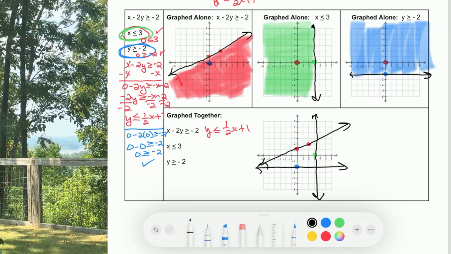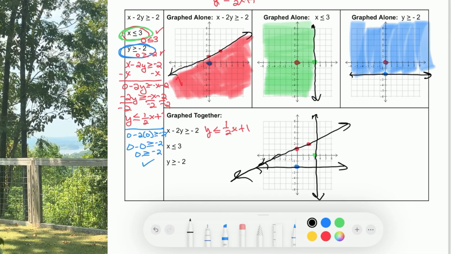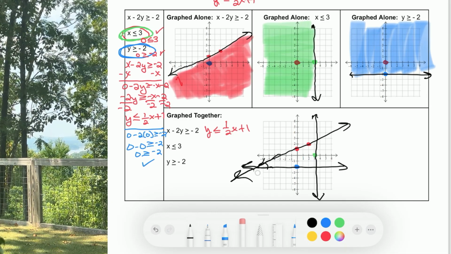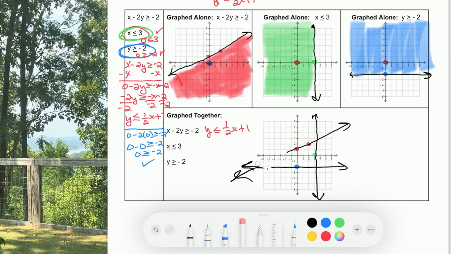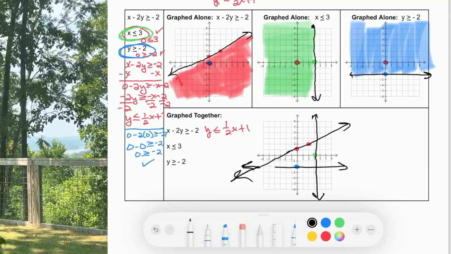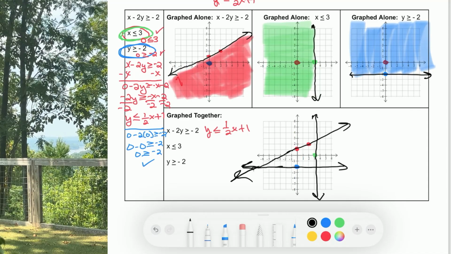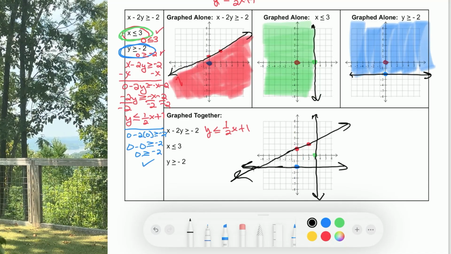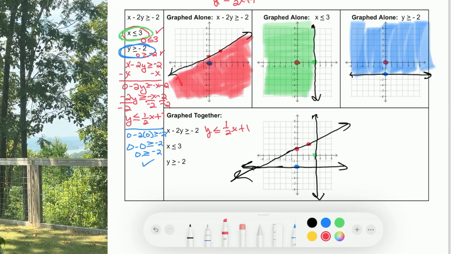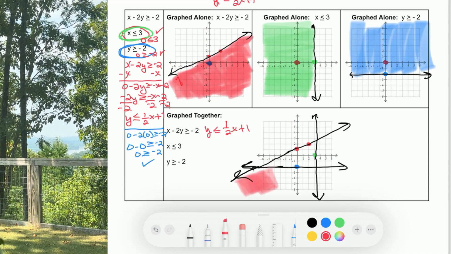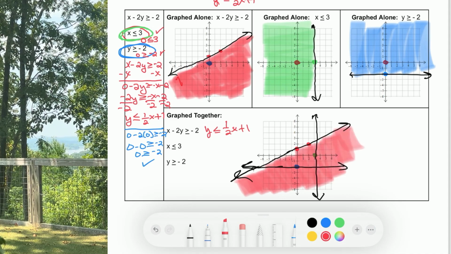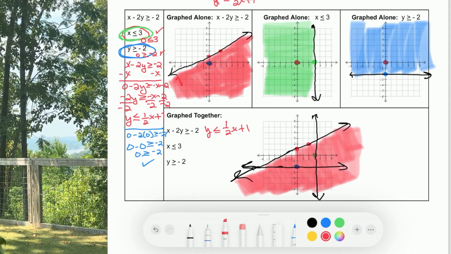Okay, let me draw this line a little bit further and this line a little bit further so that we have their intersections better. There, that looks better. All right, so now we need to go back and look at our highlighting. For our first graph, we had the red all the way down here.